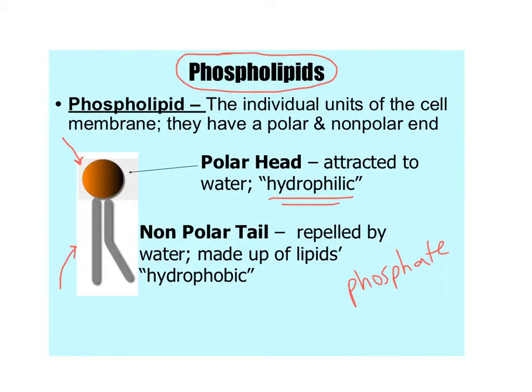Hydrophilic, which means it likes water. It's attracted to water because it is polar. Hopefully you remember in our water lab, drops of water do stick to regular paper because they're both polar. Water also sticks to glass because they're both polar. So the balloon part of the phospholipid is polar and it's hydrophilic.